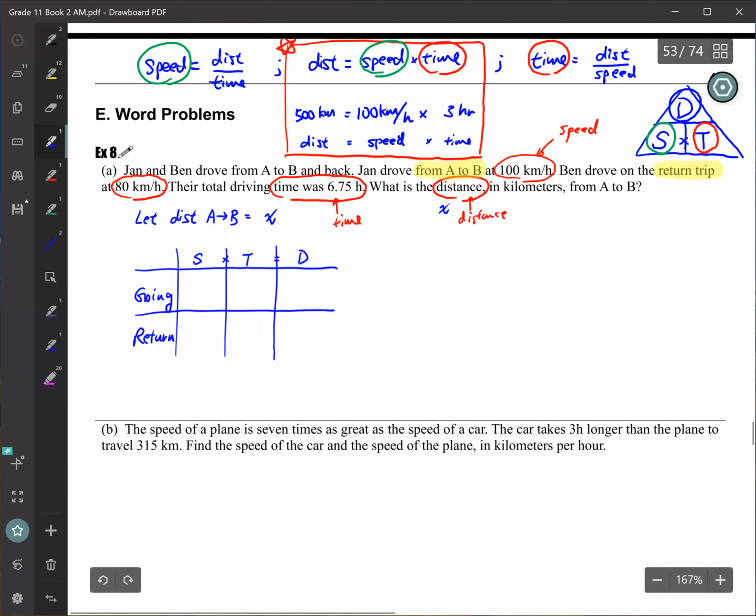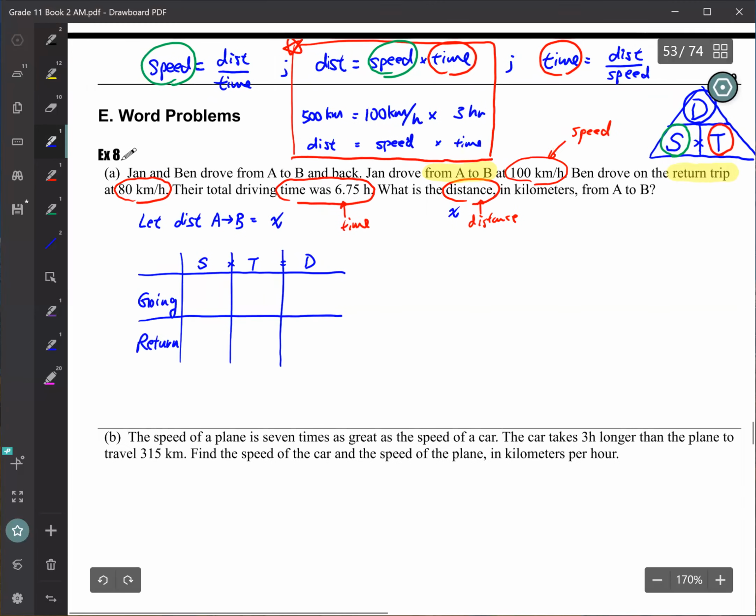Okay, and then using this chart we'll fill in the information, the numbers for the going and the numbers for returning. So I'll let you guys try it out first, fill in as much as possible, and let me know when you are done. Even if you have something blank you don't know how to fill in, you can raise your hand. So try it out. Fill in whatever you can, and then we'll go over the chart together.